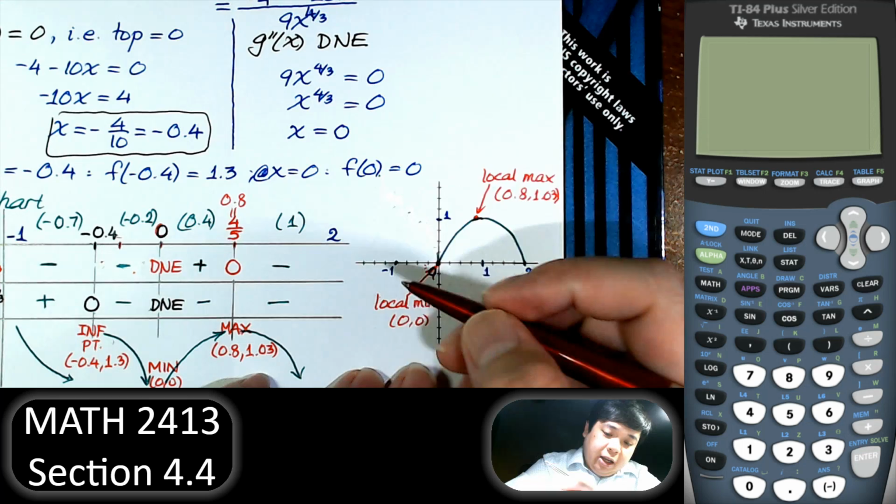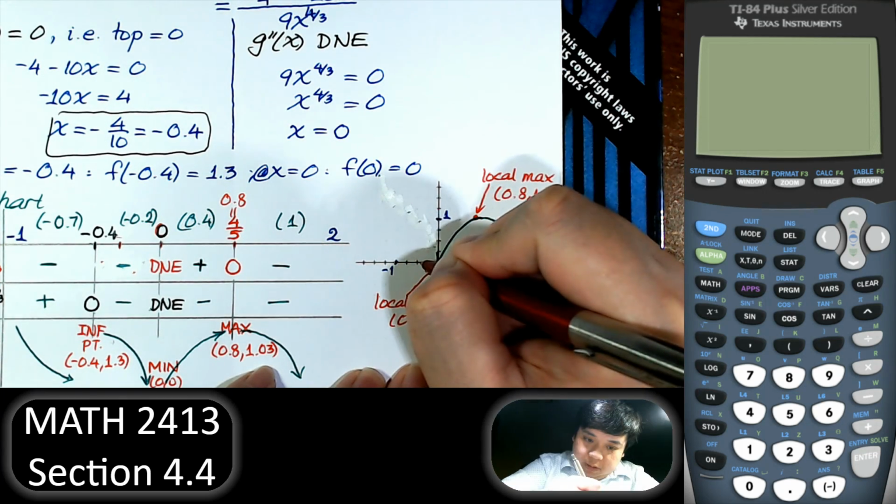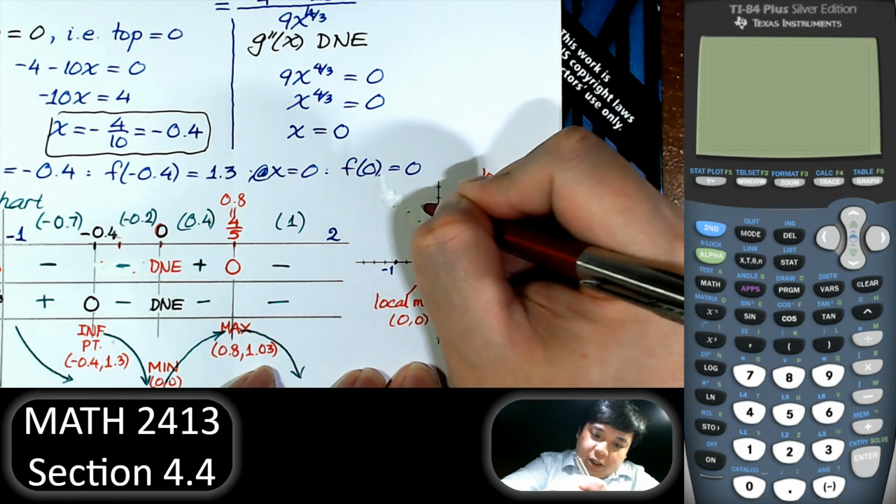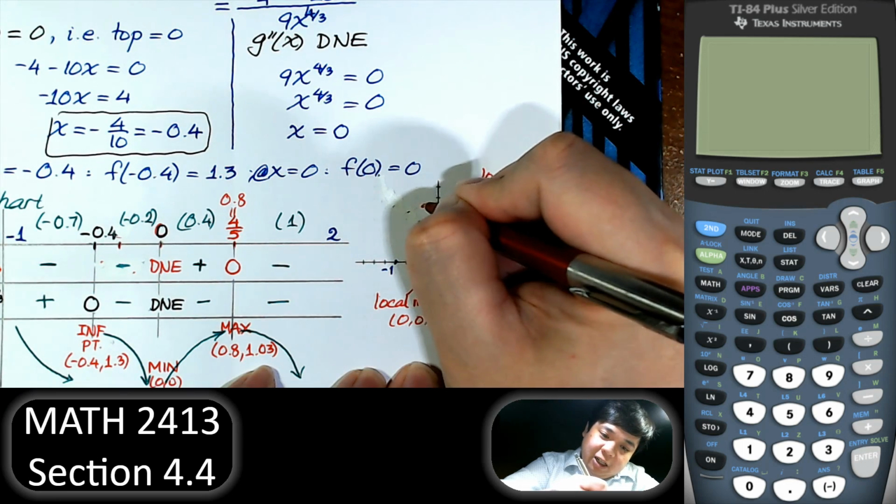Right. Negative 0.4 and 1.03, so the point had to be here.